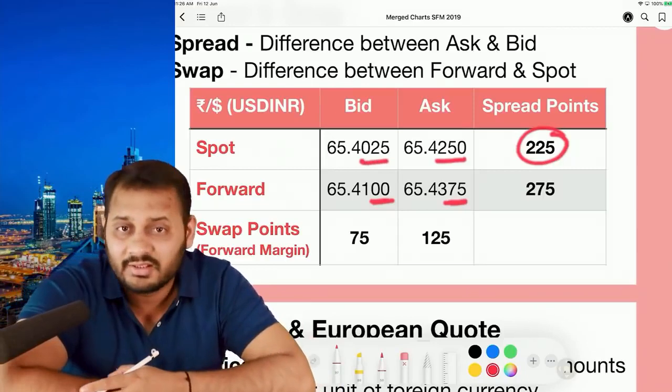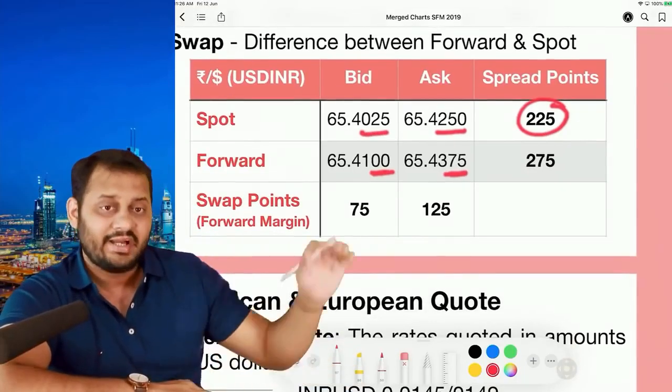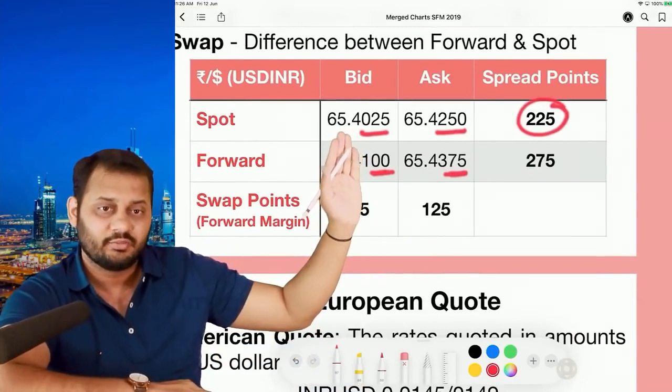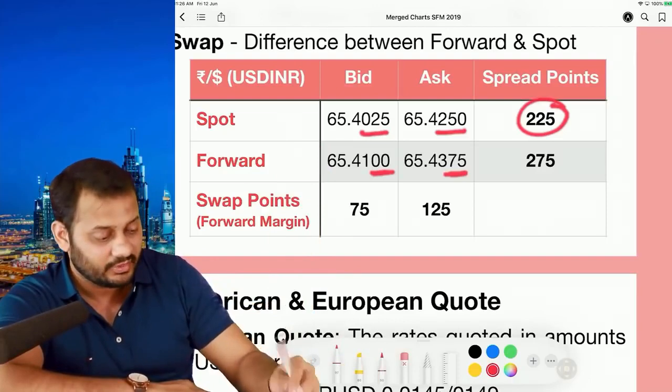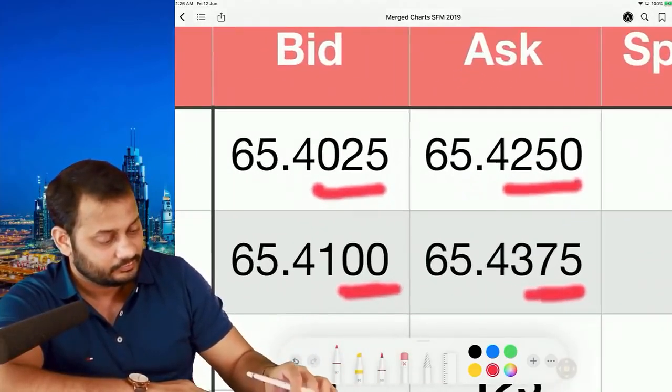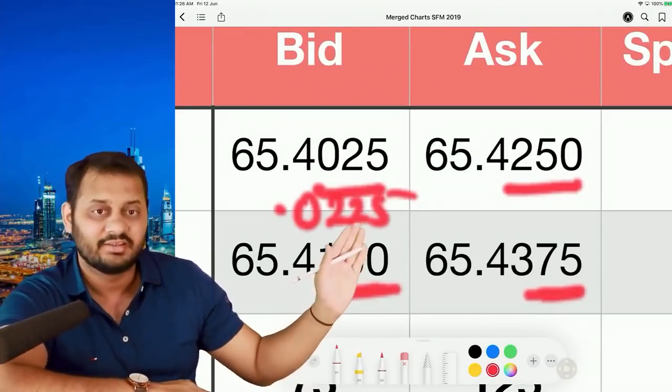It starts from the last to first. Always remember this. So if I want to add 225 points to this 65.4025, I will write down 65.4025 plus 0.0225, last three digits. Remember?